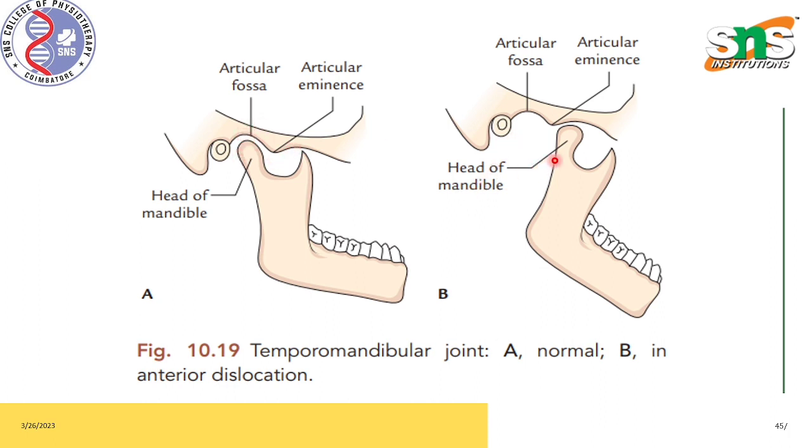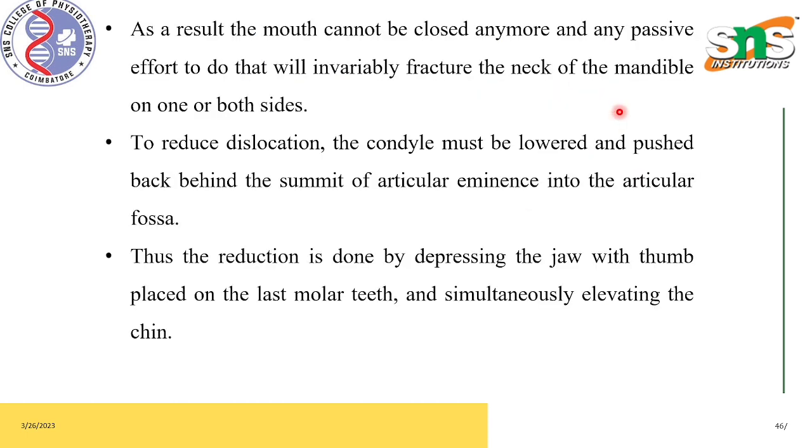During excessive opening or yawning or the violent spasm of the pterygoid muscles, the head of the mandible will be dislocated anteriorly. So this is the anterior dislocation of the temporomandibular joint. As a result, the mouth cannot be closed anymore, and any passive effort to do that will invariably fracture the neck of the mandible on one or both sides.